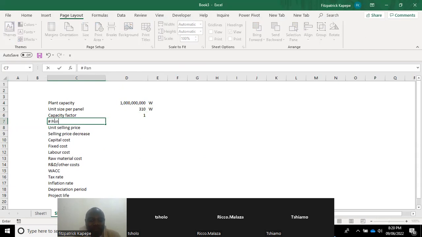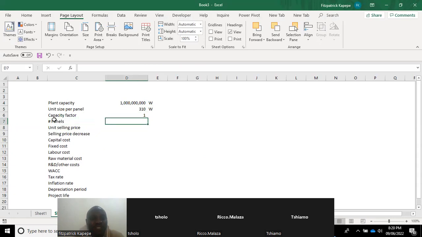This is how I would interpret it. So the number of panels would be that 1 million divided by 310.